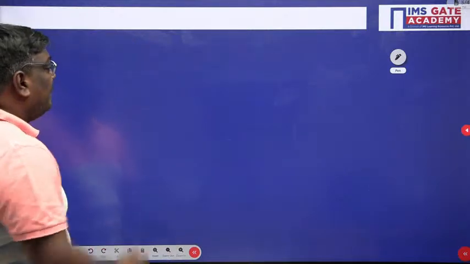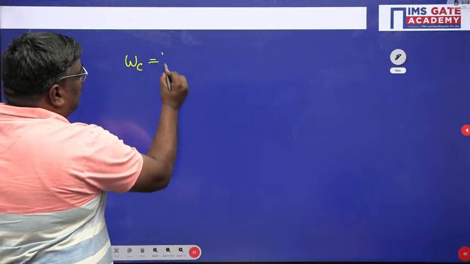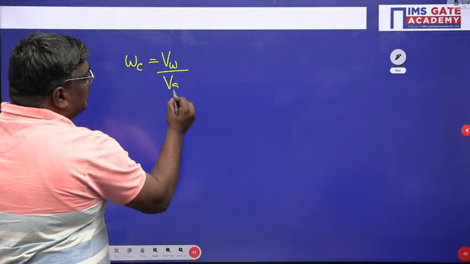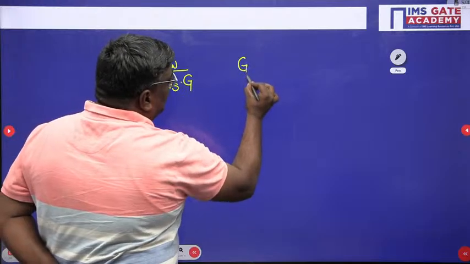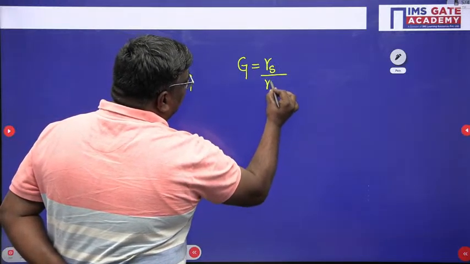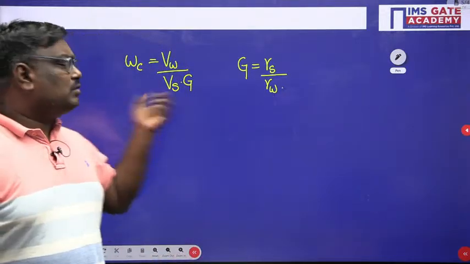So water content is given by the formula volume of water by volume of solids into G. G is nothing but the ratio of unit weight of solids by unit weight of water. Agree? So here, let me do this derivation.